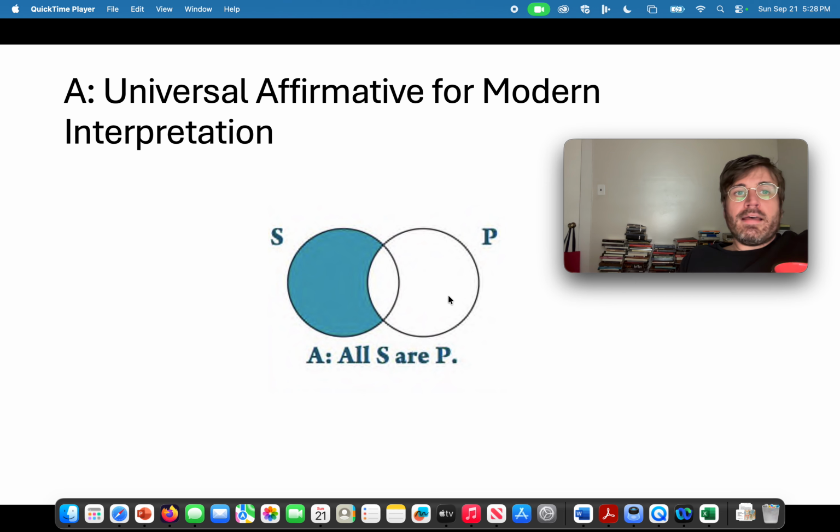So to indicate your universal affirmatives on the modern interpretation, we shade region 1, but we do nothing to regions 2 and 3. And this indicates total exclusion of anything that's an S that's not also a P, because we have no reference to any member of S that's not also a P in this sentence.